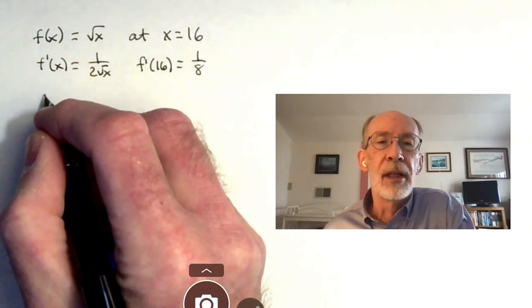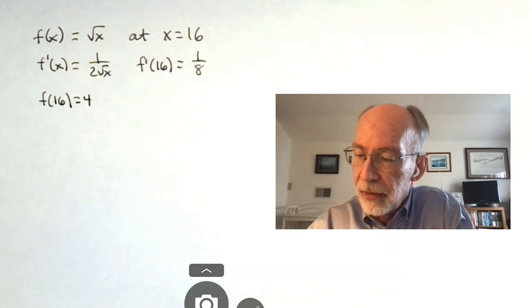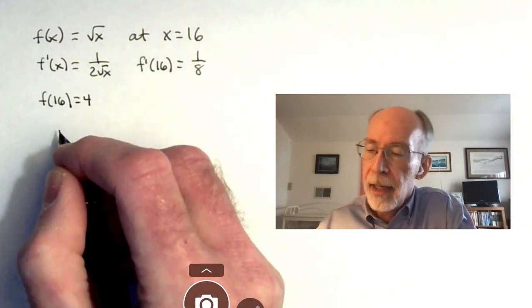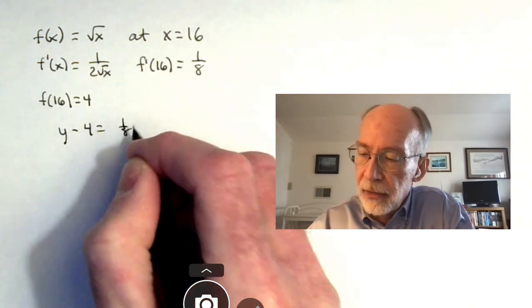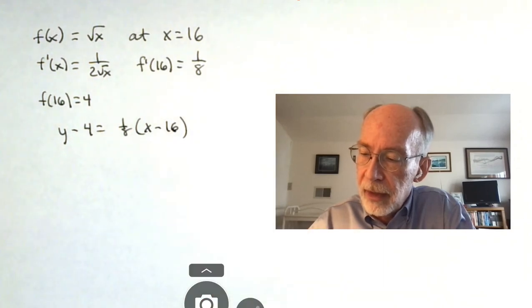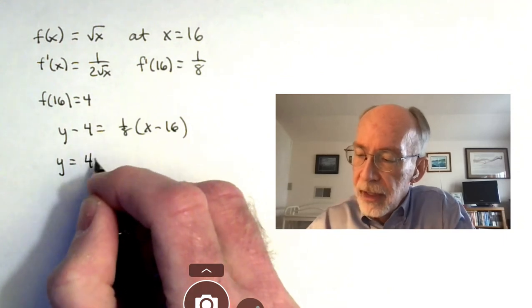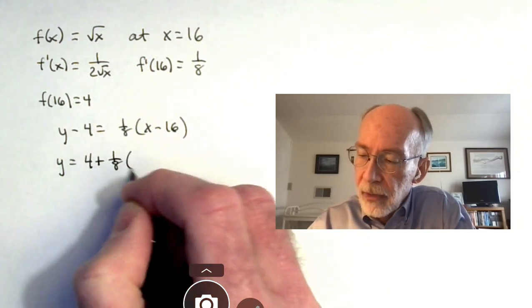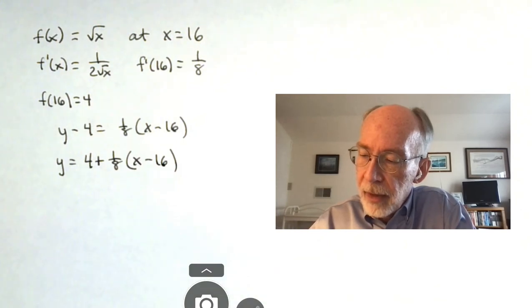The y-coordinate of the point of tangency, which just for the record is f of 16, is 4. And so the equation of the tangent line is y minus 4 equals 1/8 times x minus 16. And if we slightly rewrite that, it is y equals 4 plus 1/8 times the quantity x minus 16.